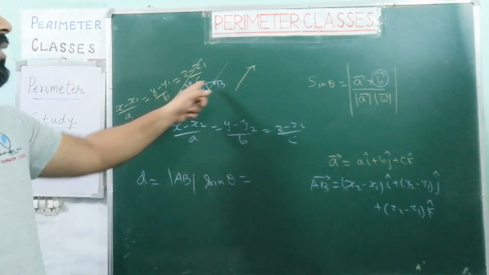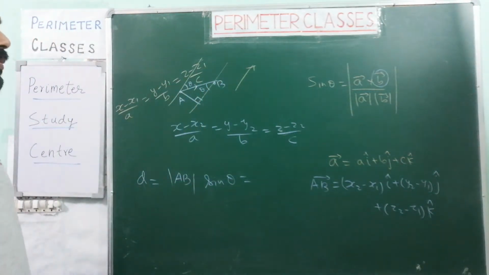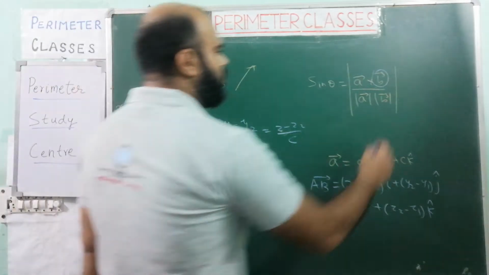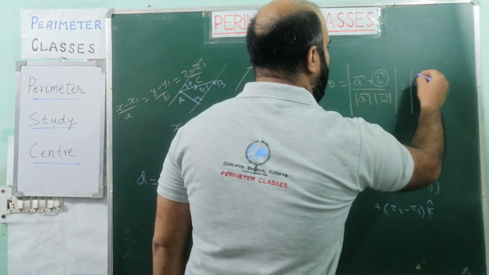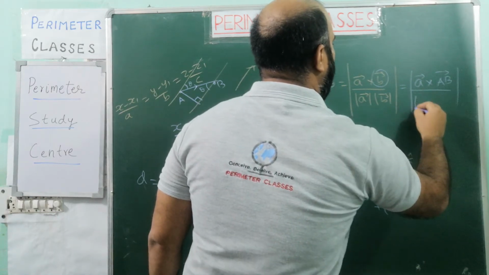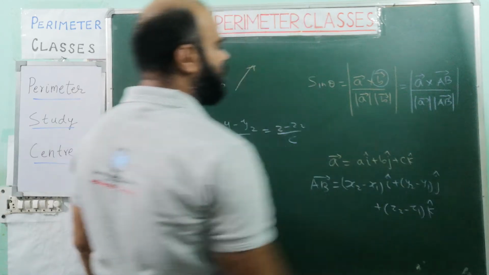So basically this is the vector AB. Now if we take sine theta from the cross product of A and AB, you will get A cross AB by mod of A into mod of AB. This will be sine theta.